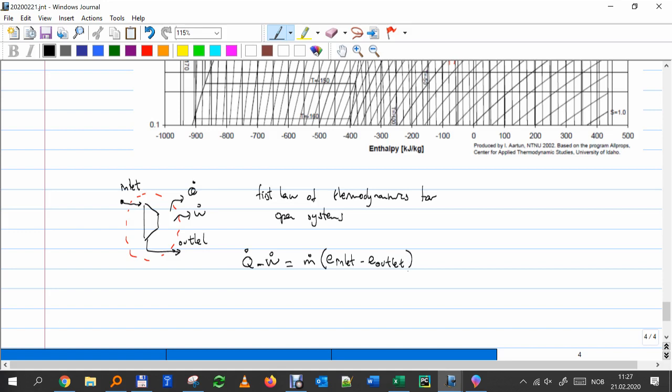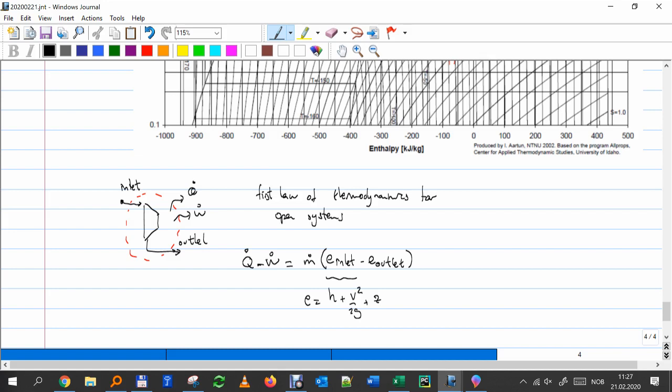And also you know that this energy is made up of what? You have H, you have V squared over 2g, and you have Z.